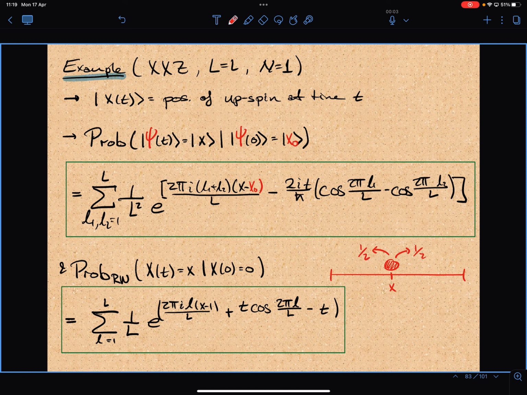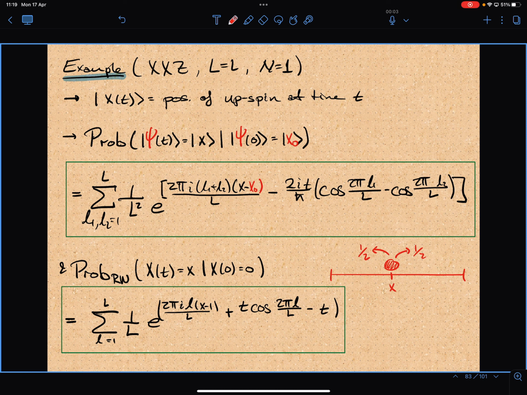So this is in continuous time, but in the discrete time case, the idea would be that you flip a fair coin, and if it's heads, you move to the right. If it's tails, you move to the left.